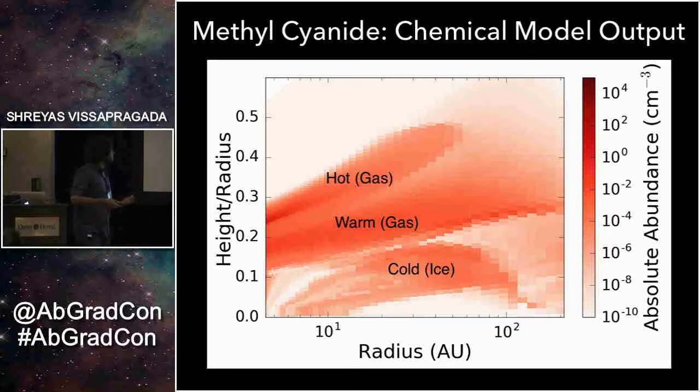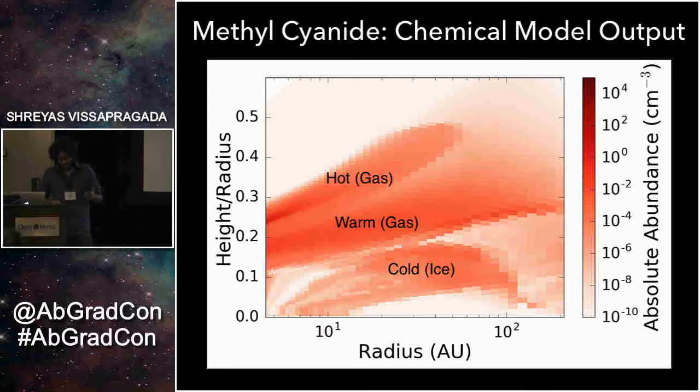And this is at odds with that whole working hypothesis we had before, that observations of these complex organics are tracing the molecular layer and the disk ice structure. Because methyl cyanide has increased gas phase pathways to formation, it might, according to our model, be tracing the disk atmosphere more so than the cold gas in the disk molecular layer.